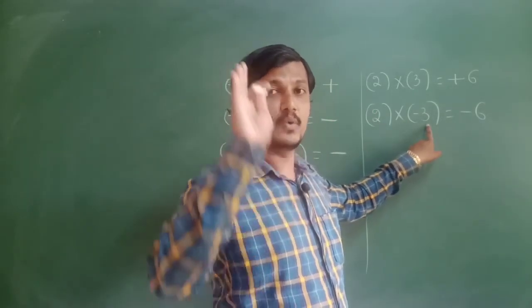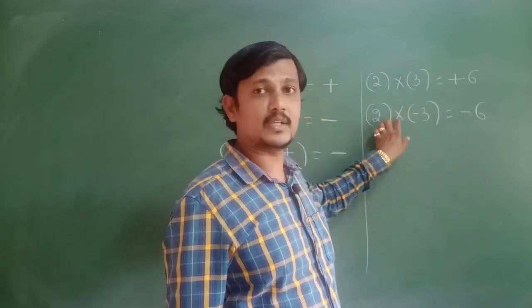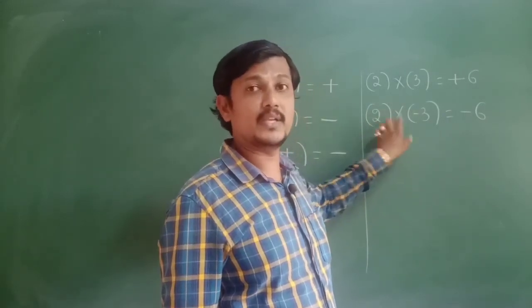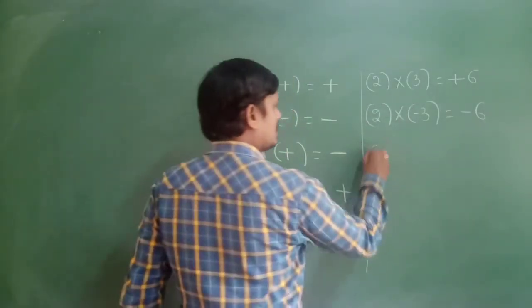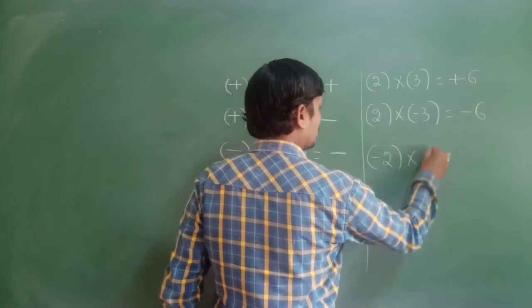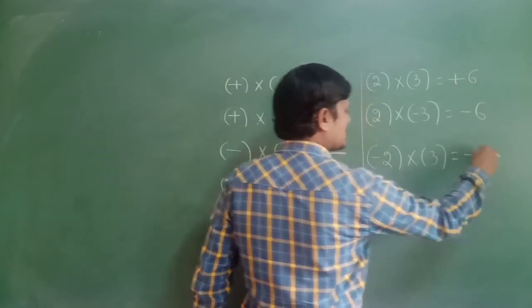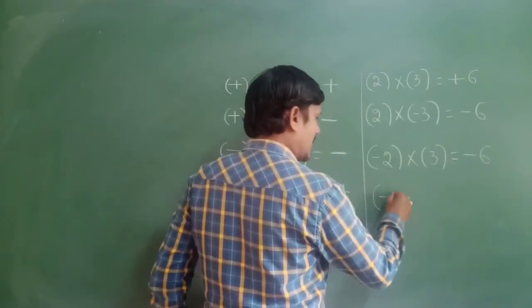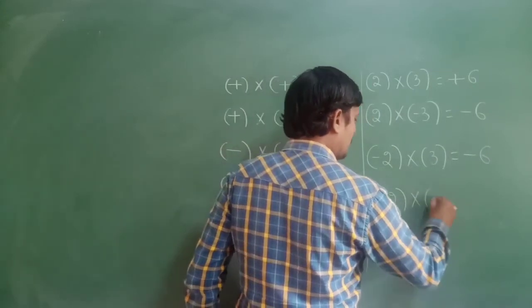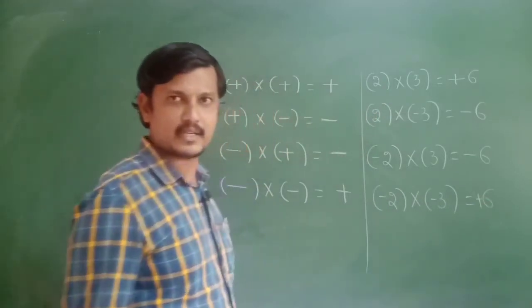That is only for addition or subtraction. But here, what is the relation? Into is there. Next, minus 2 into plus 3, minus 6. Next, minus 2 into minus 3 equals plus 6. Right.